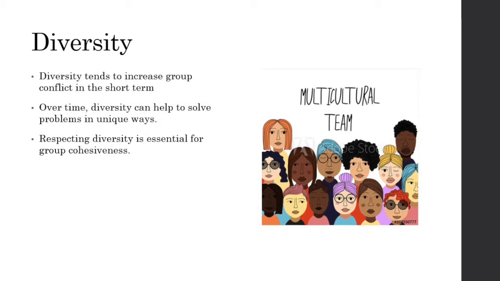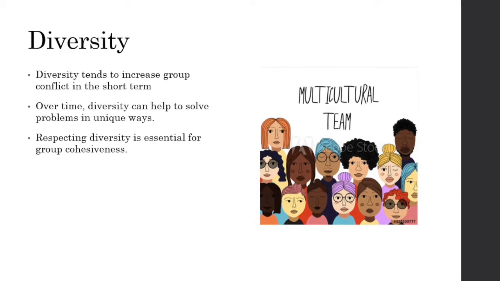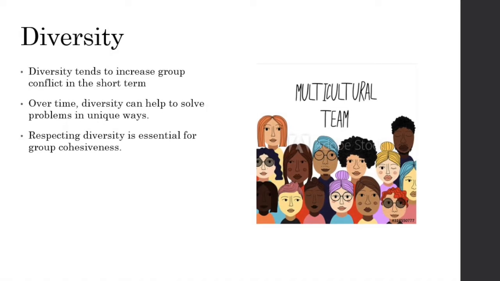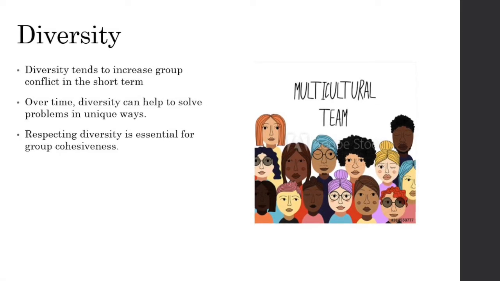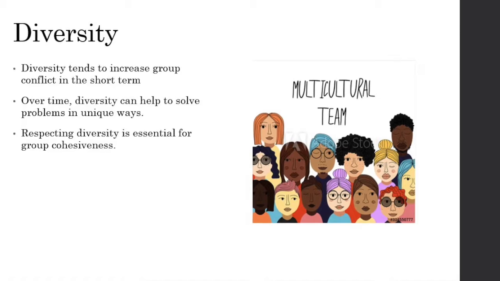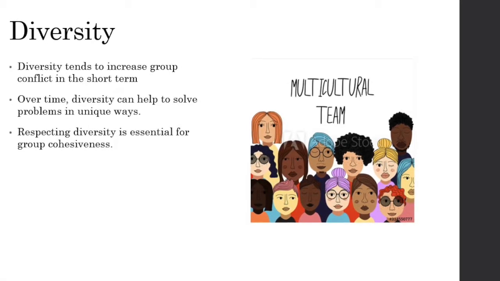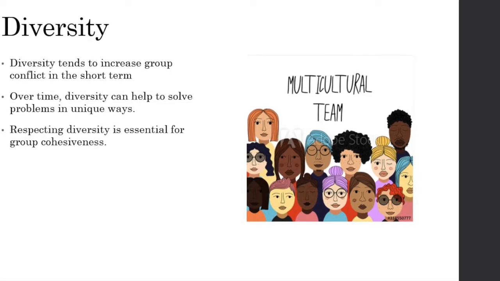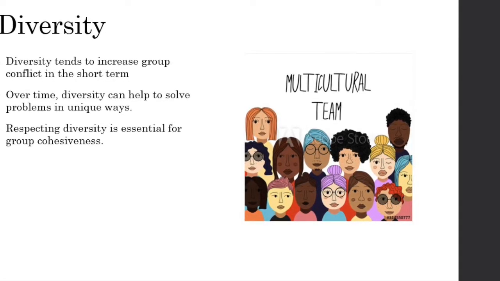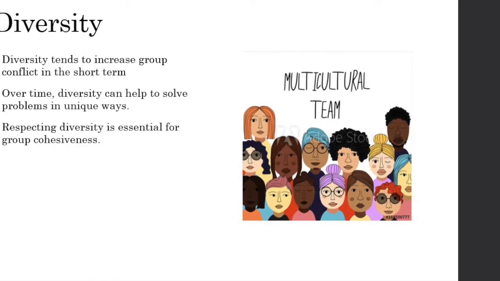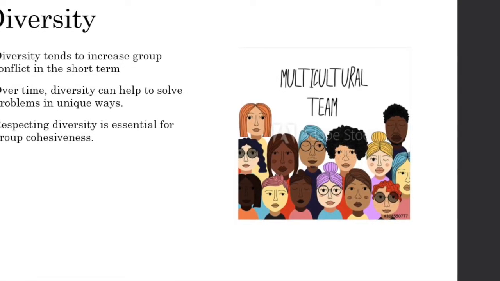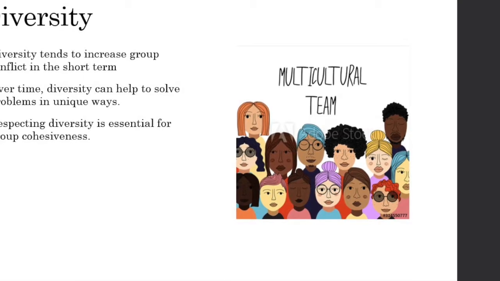Because at the beginning, if there's no respect for diversity, it tends to increase group conflict in the short term. However, in the long term, it can help to solve problems in unique ways, because everyone will have a different thought or a different way of doing things, and by working as a group you can realize that probably the thing you were thinking wasn't the best option at all.